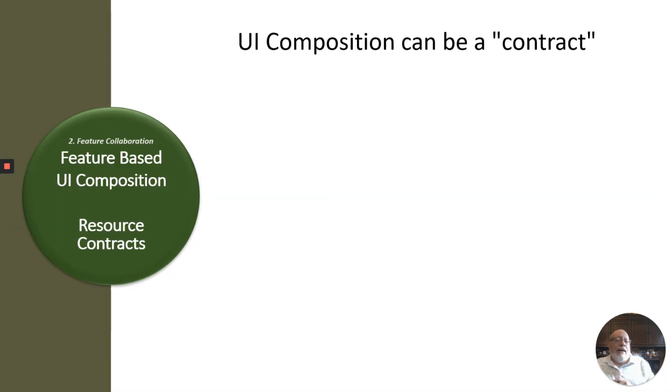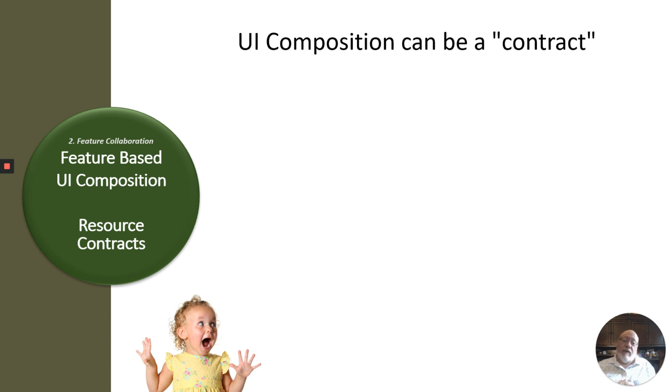All right, UI composition can actually be a contract. Now, this is, in my opinion, the most exciting part of feature U. So hopefully I haven't lulled you to sleep, but if I have, this is your wake-up call. A contract is where one feature specifies a series of injection needs, and they are supplied by other features.